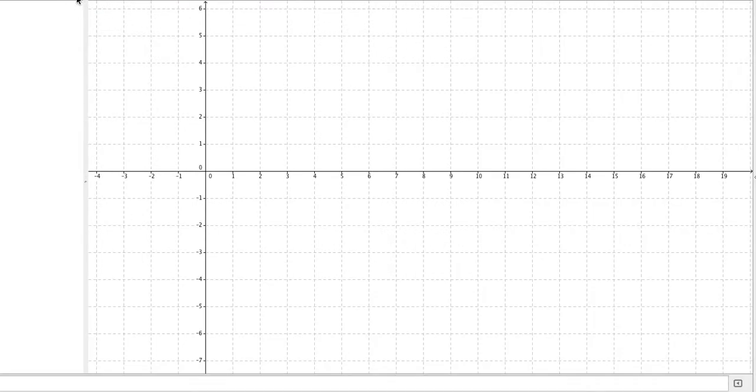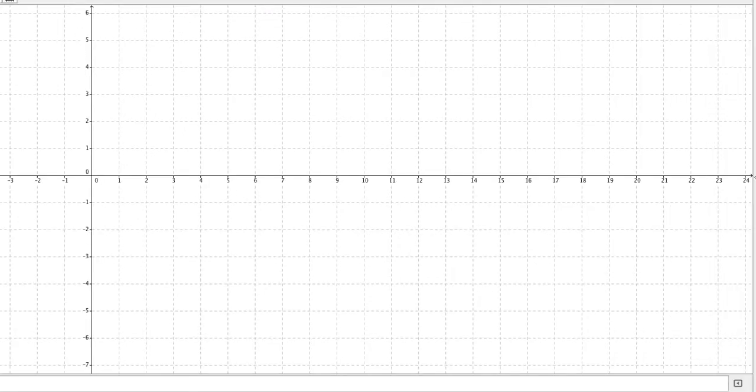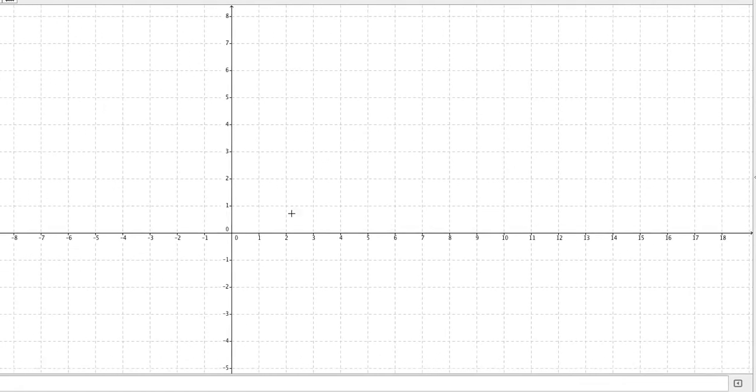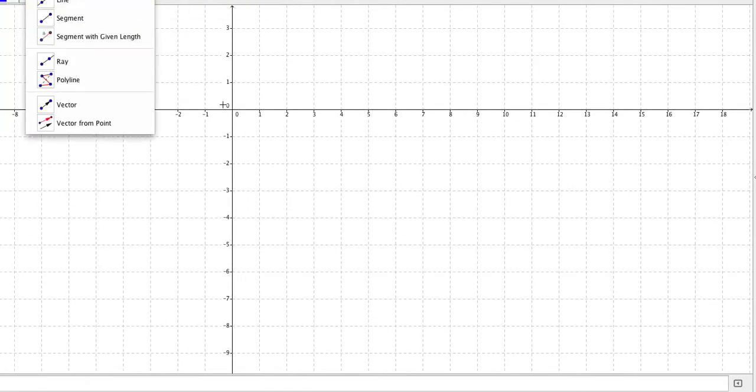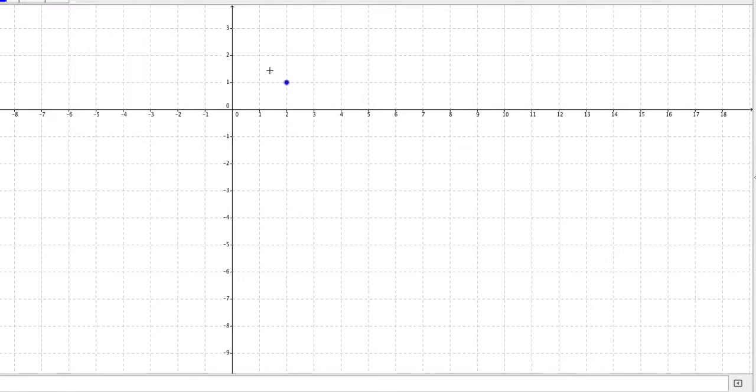Our vertex will be 2, 1, and 2, 1 is right here. So mark our point. 2, 1 is right there. That's our point, that's our vertex. Now next, what it's saying is this.